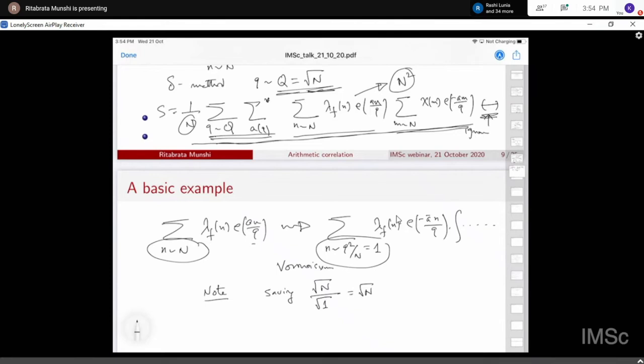You wanted to show that the sum you started with is bounded by N to the power 1 minus delta. After the first step, it has blown up and has become of size N squared. So your job is to save N and a little extra. In the first step, by applying the Voronoi, I have saved square root of N. Now let's look at the next sum.